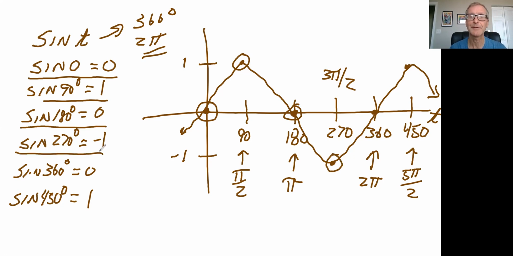I'm sorry, key point number 4 was the lowest point at 270 degrees, or 3 pi over 2. And then the 5th key point is where we start again. And then you just repeat this over and over and over again. So what we're going to focus on is, given different versions of these equations, how to find those 5 key points.